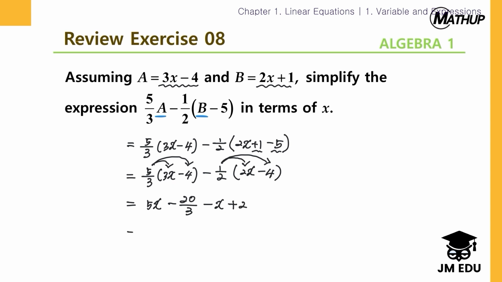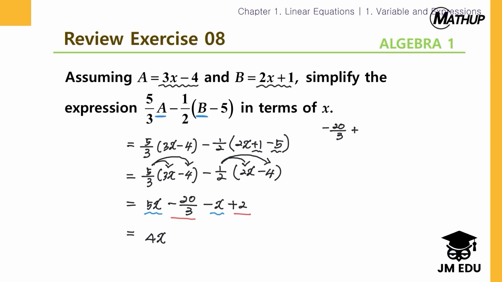So that's going to be, we have two like terms. Two x terms and two constants right here. So 5x minus x, that's 4x. 5 minus 1, 4, right? So for the constants, we have negative 20 over 3 plus 2.